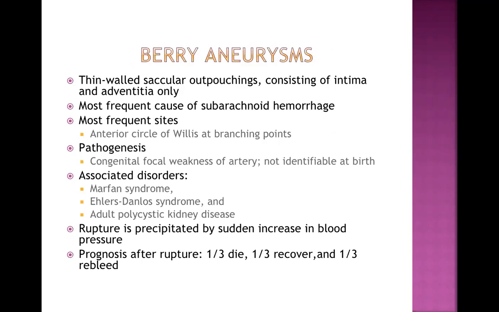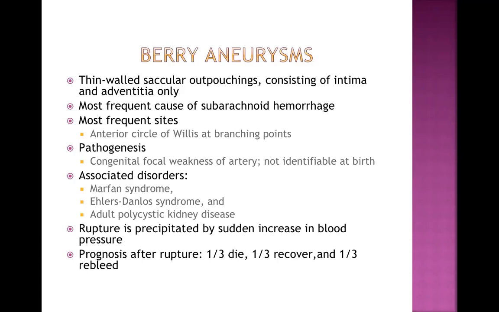Now, let's talk a little bit about berry aneurysms because they are the most common cause of subarachnoid hemorrhage. These berry aneurysms are very thin-walled, saccular outpouchings from the circle of Willis, and they mainly consist of intima and adventitia only.